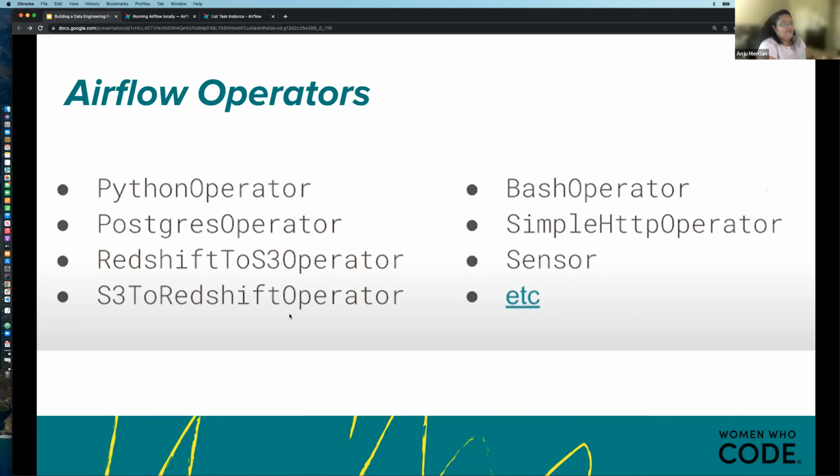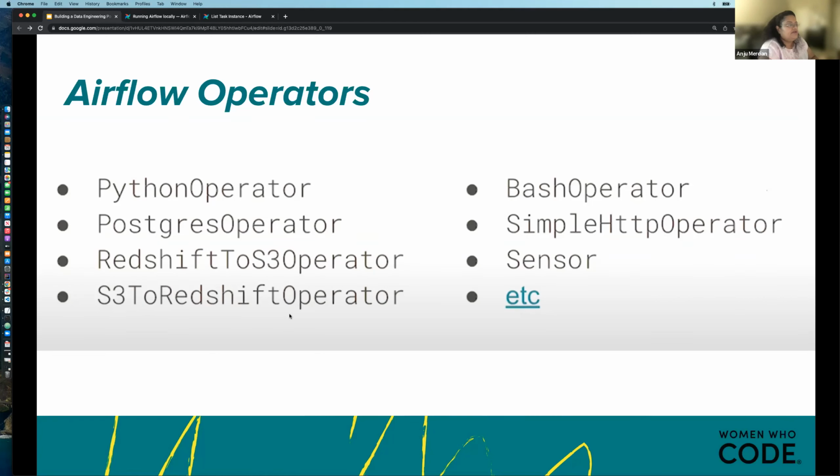If you're using Microsoft Azure or GCP, I think Airflow operators are being built right now. I attended one of the conferences and I know they're building something like that for Google. But right now, if you're using AWS, there are many things already built into Airflow.